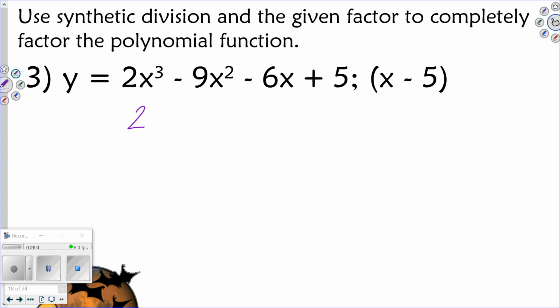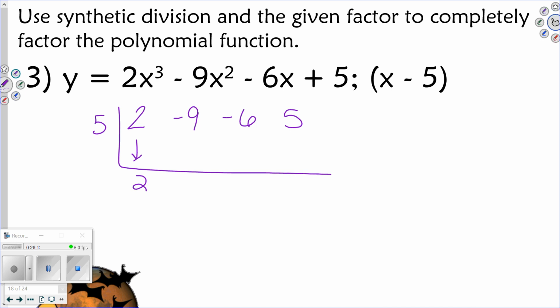All right, so here we go. So we have 2, -9, -6, 5. What am I dividing by? 5. Drop that down. So we do our synthetic. This was x cubed, so this becomes x squared plus 1x minus 1, no remainder.